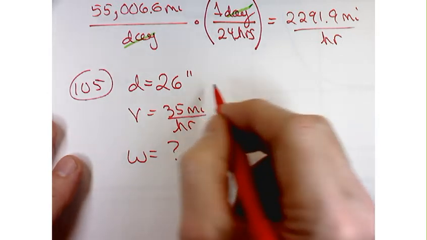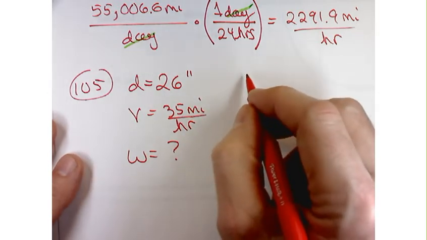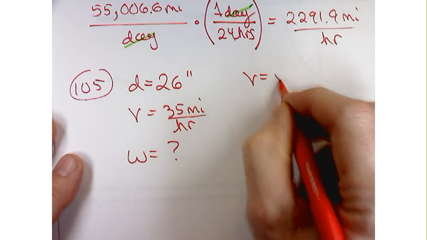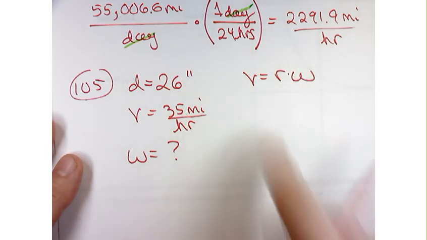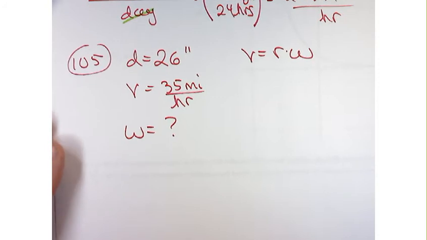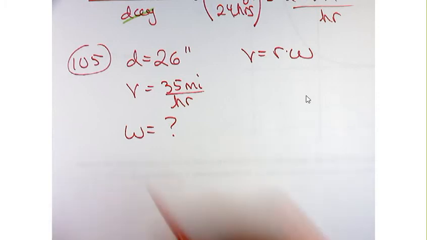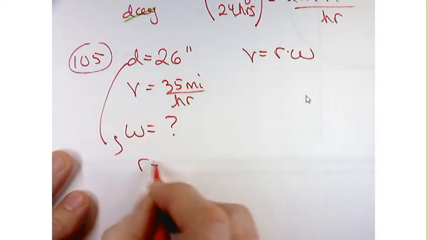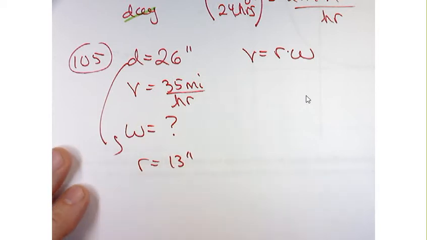So I am going to run into a little bit of a problem here. V equals R times omega. But I don't have R, do I? What do I have instead? I've got the diameter. Well, how's the radius compared to the diameter? Divide by 2. Yes, thank you. So let's divide by 2. So that gives me R is 13 inches.